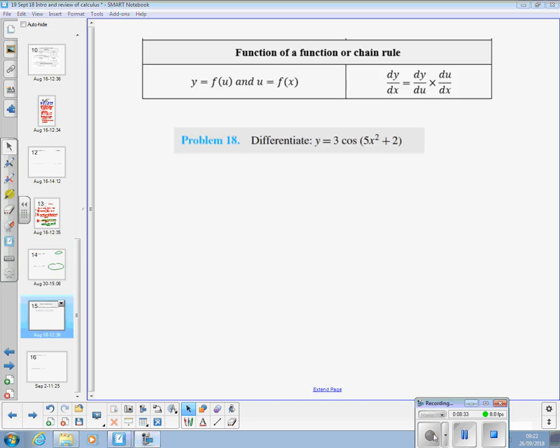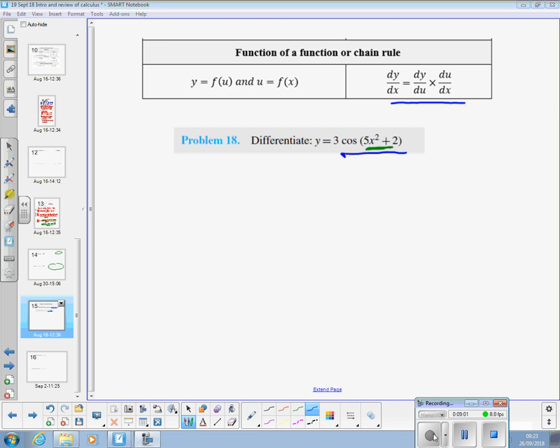We have a situation where we've got a function of x, 5x squared plus 2, all inside another function of x, which is the cosine of x. It's all multiplied by 3 as well. Function of a function. We need to use the chain rule, and this is the formula.